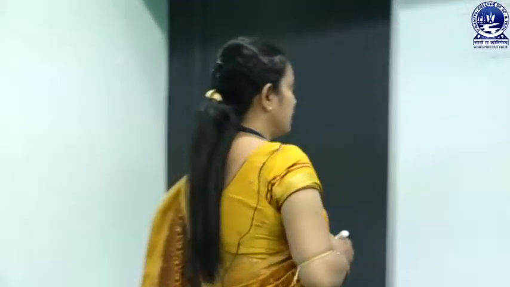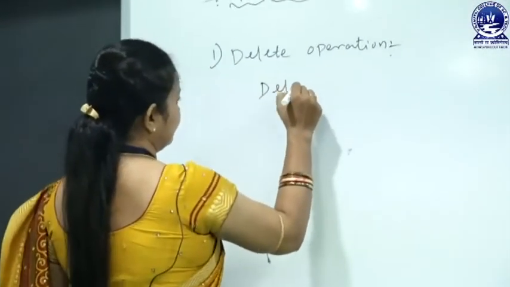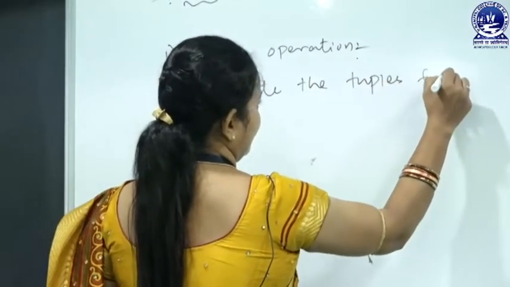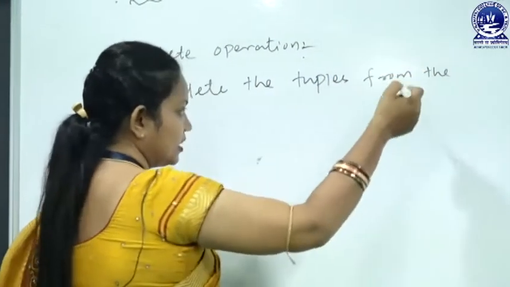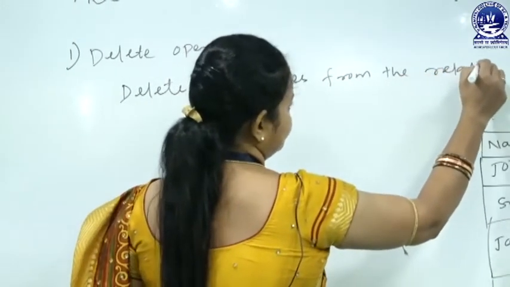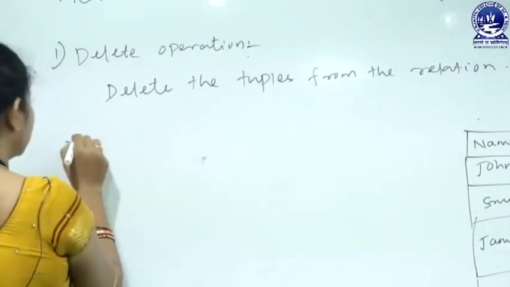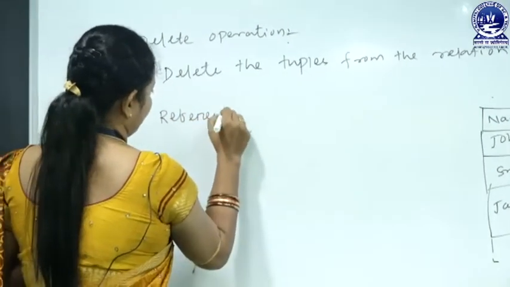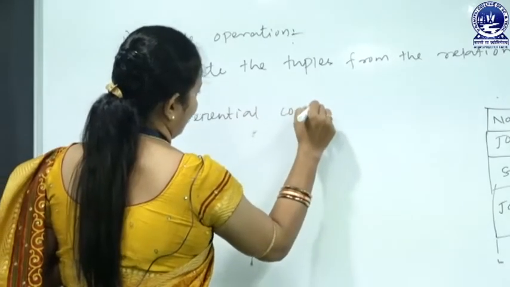Let us see the delete operation. In delete operation, it will delete the tuples from the existing relation, and during delete operation only the referential integrity constraint may be violated.